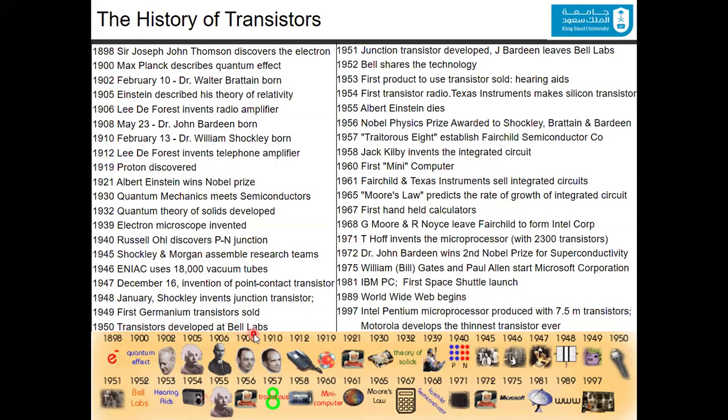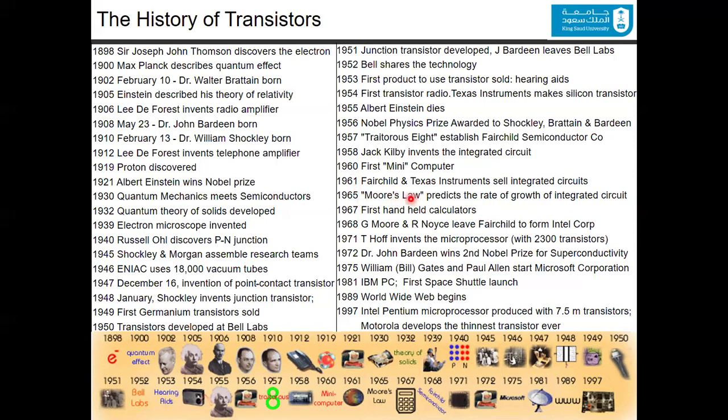And from the transistors, the idea started to build up to the computer that we know today. So you can see here, for example, that we have the first minicomputer in 1960, and we have the famous Moore's law.